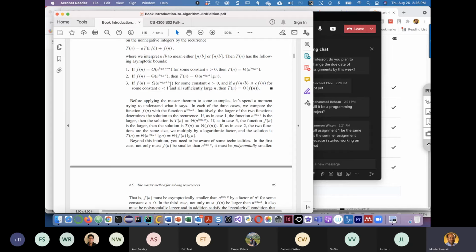So in all cases, actually in cases 1 and 3, we are having the running time with the larger value between f(n) and n to the power log_b a. Whatever is larger, we are having that as our result.